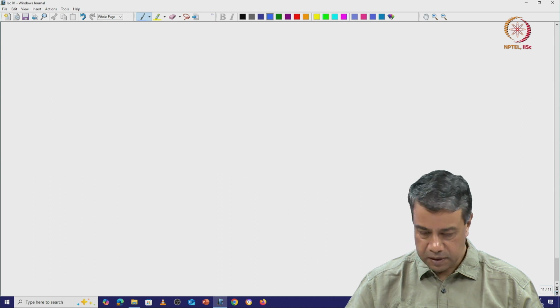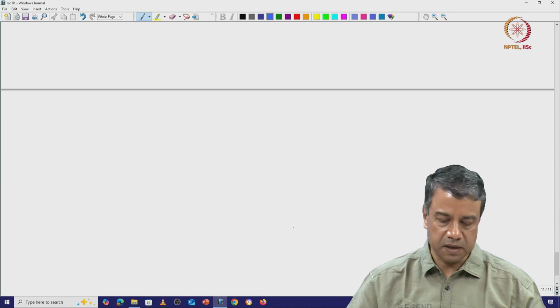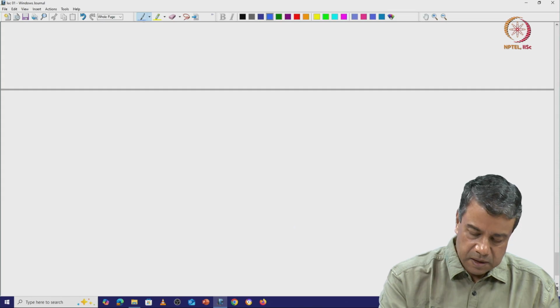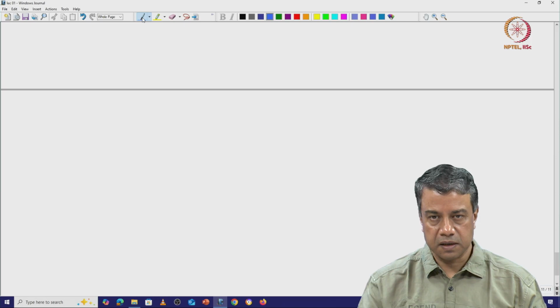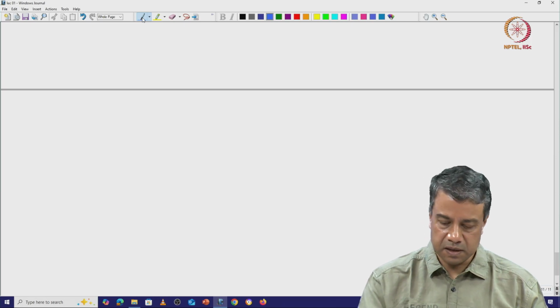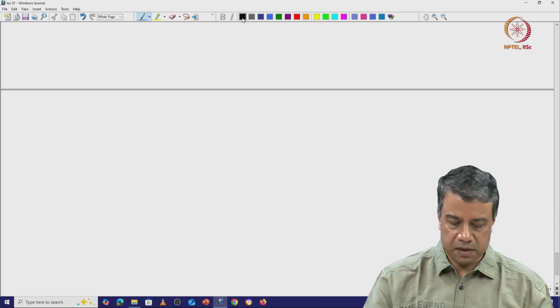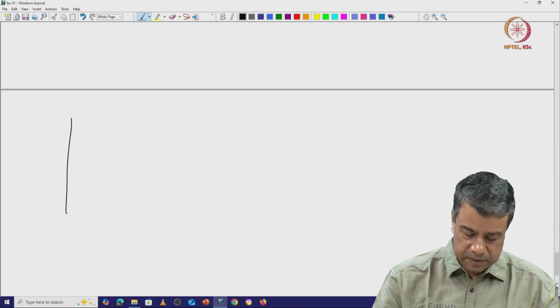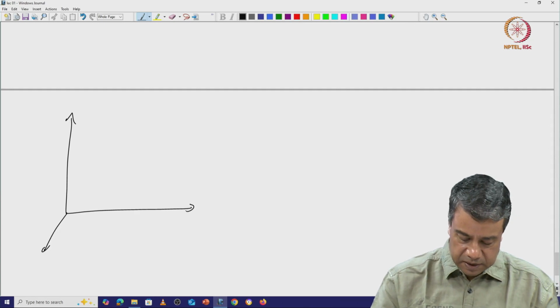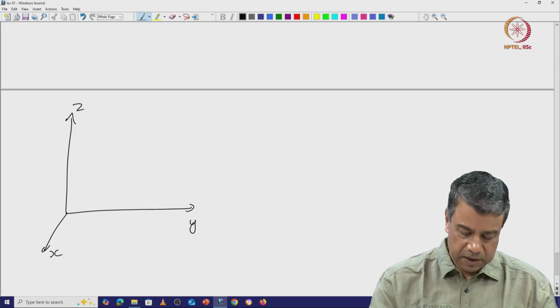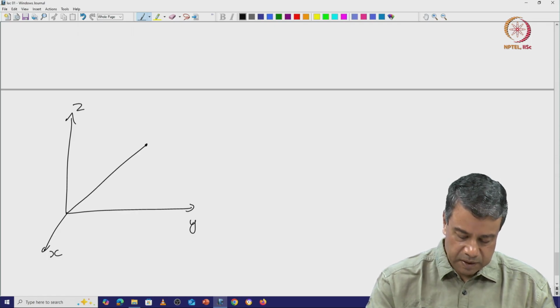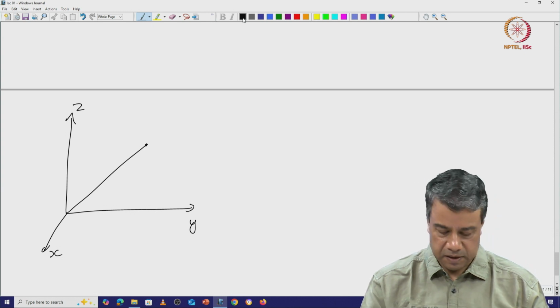If you recall, in the Cartesian coordinate system we had considered 6 surfaces, 2 each perpendicular to the x direction, the y direction and the z direction. So, in this case as well we have to consider 6 surfaces. 2 of these surfaces are perpendicular to the r direction, 2 are perpendicular to the theta direction and 2 are perpendicular to the phi direction.